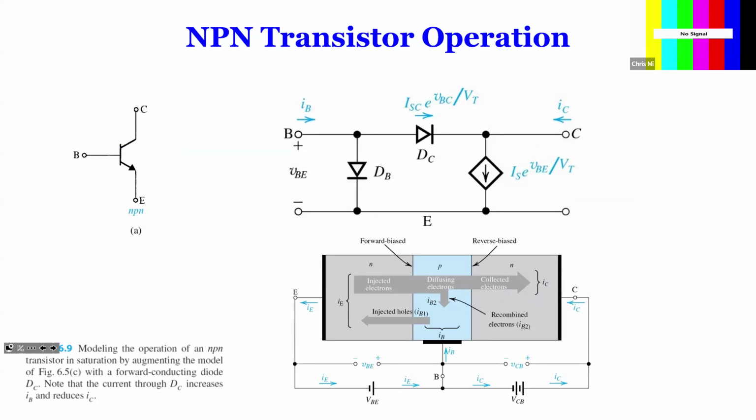Okay, this is another diagram to look a little deeper at how it goes from active to saturation mode. This is the device we have, with two PN junctions. From base to emitter there's a diode, and from base to collector there's a diode. If you look at the bottom figure, you have two diodes, and then you connect from the bottom.